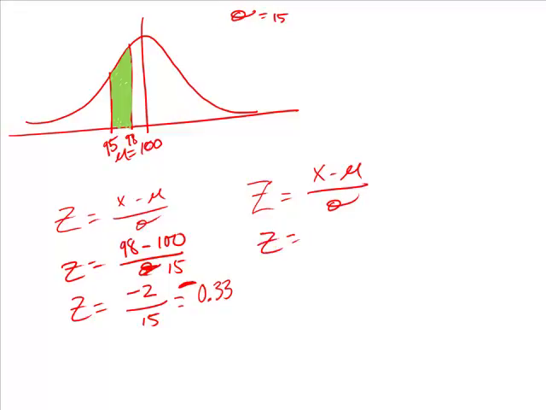Let's do the other one. Z equals 95, or actually, that's a 1, sorry. See, Jake wanted to do things out of order. Z equals -5 over 15, which is -1/3, which is -0.33. Okay. I got 2 z-scores. Now what?